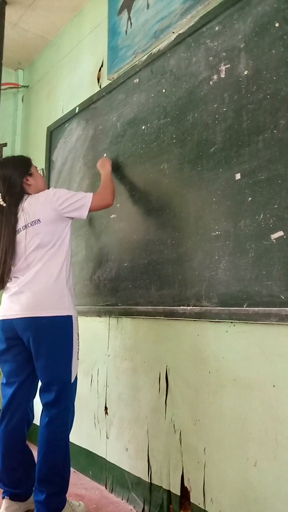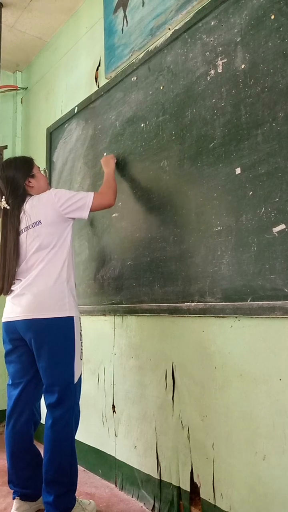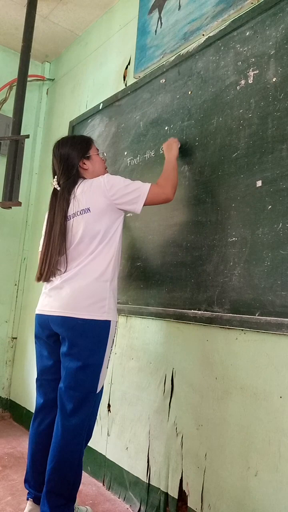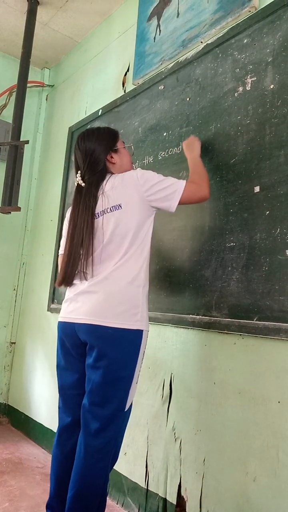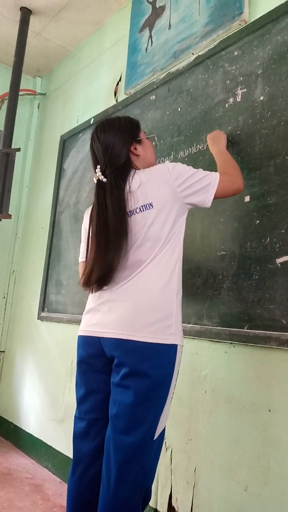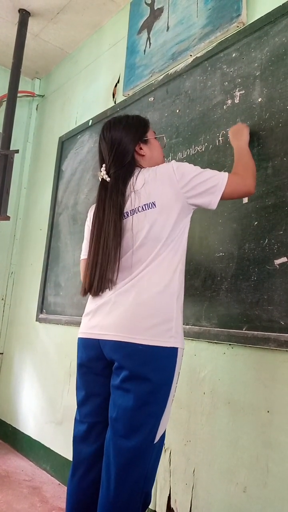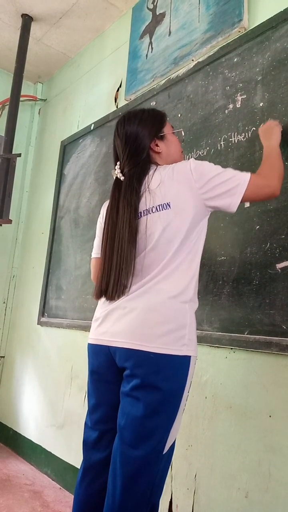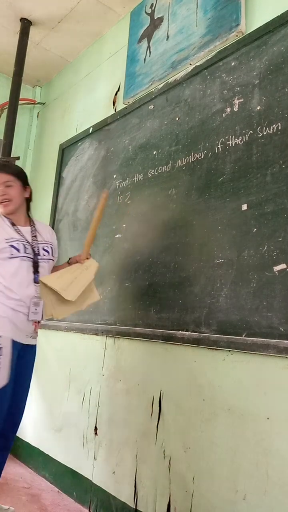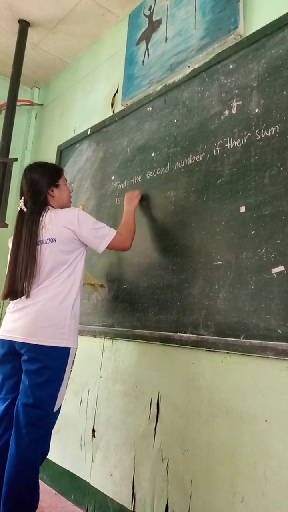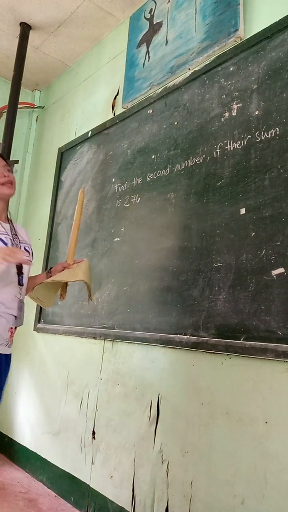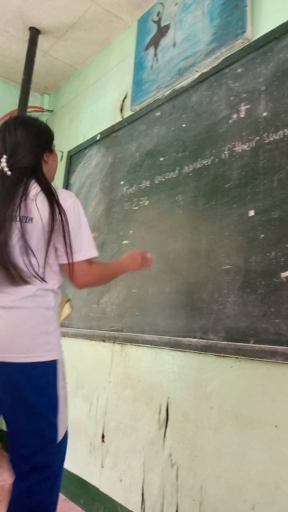Their sum is 276. So what are the given numbers here?